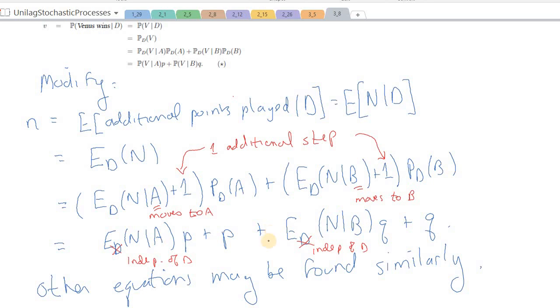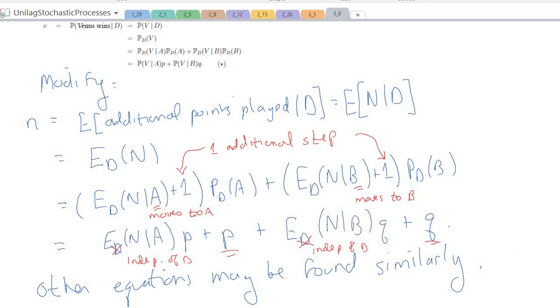Now, the nice thing is that this P plus this Q combines together to give 1. So that simplifies the equation. So we get an equation relating E_D of n, and then this E of n given A, which is the same as E_A of n, and this is E_B of n.